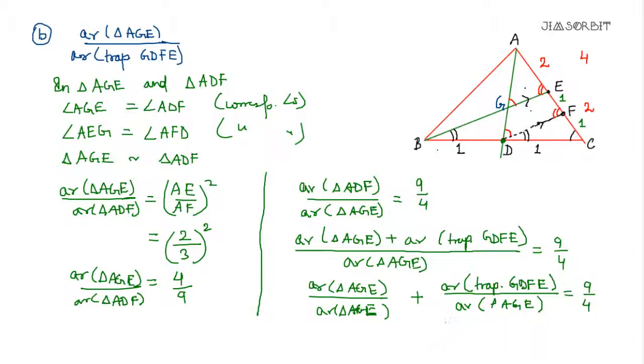Remember, the first will be 1 because it cancels out, leaving just the other value. So 1 plus area trapezium GDFE upon area of the smaller triangle AGE is equal to 9/4.